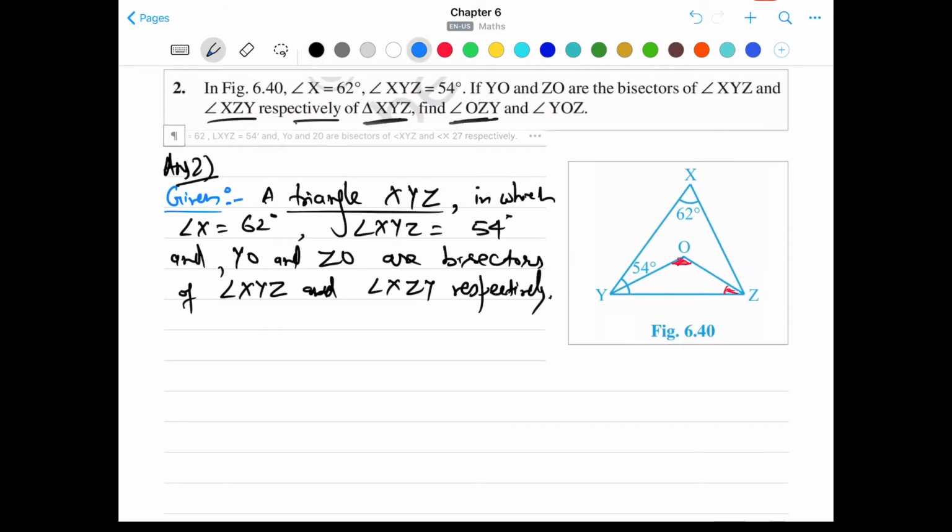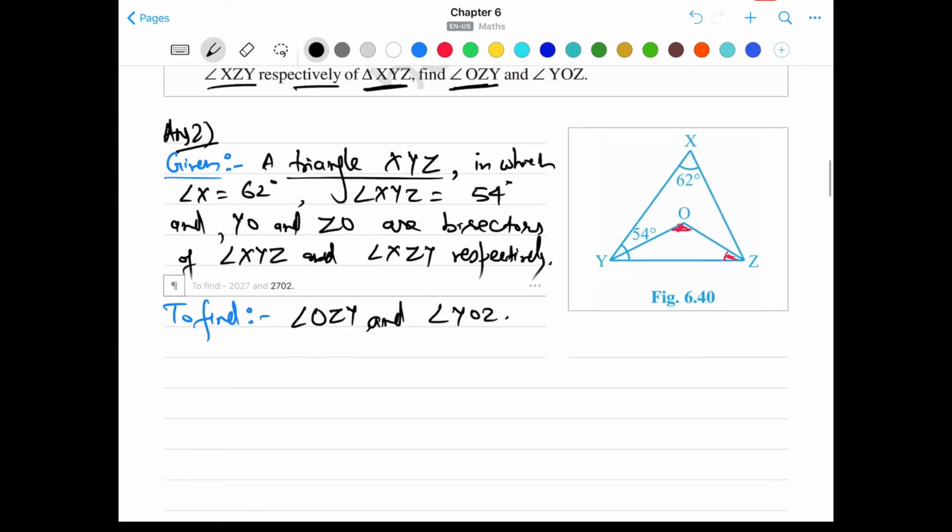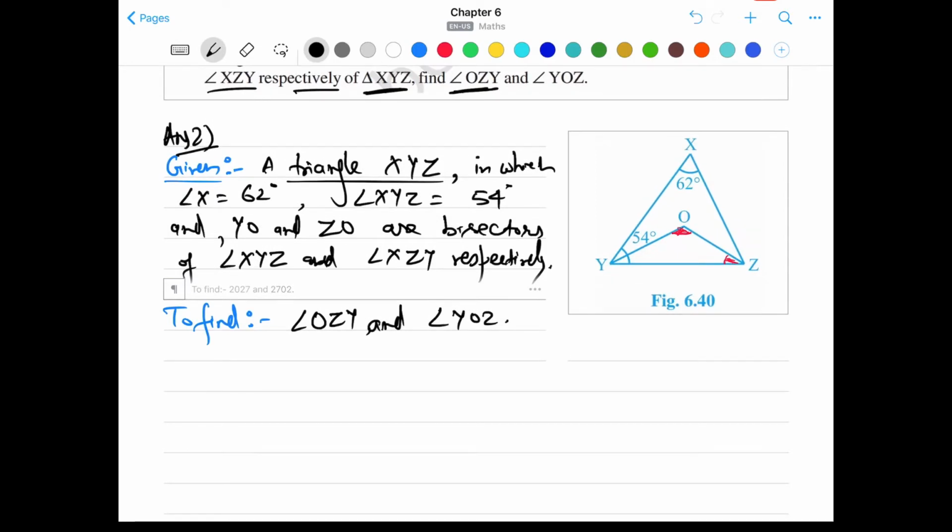Okay, and we have to find two angles: angle OZY and angle YOZ.